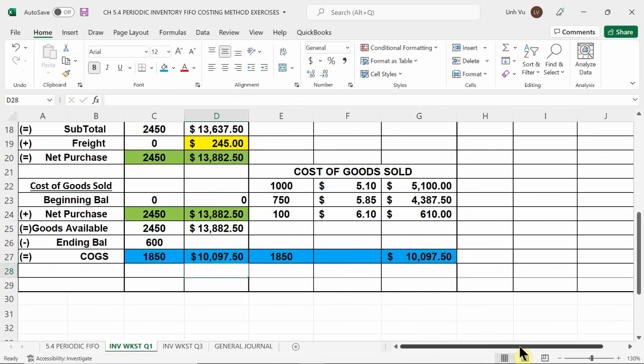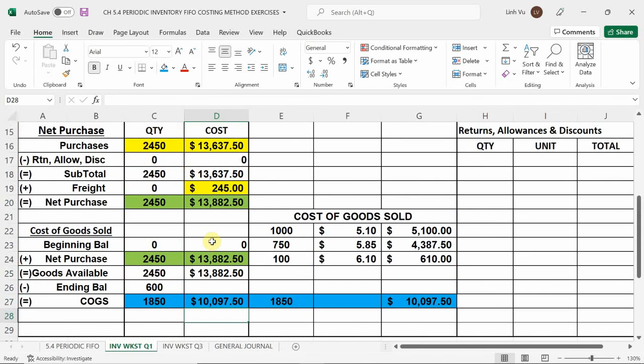Okay? So last but not least, I need to solve for my ending balance. How do I solve for my ending balance? You do net purchase subtracted by COGS.